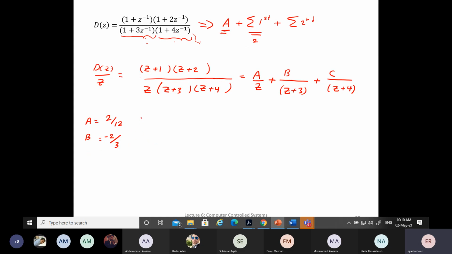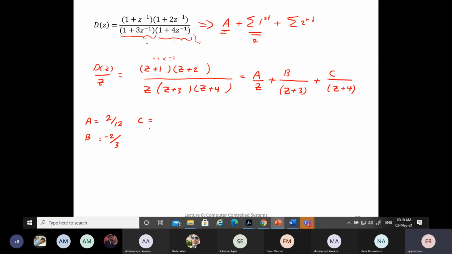And c, again, multiply by z plus 4 here. So this cancelled, and I get minus 4 plus 1 is minus 3 times minus 2.